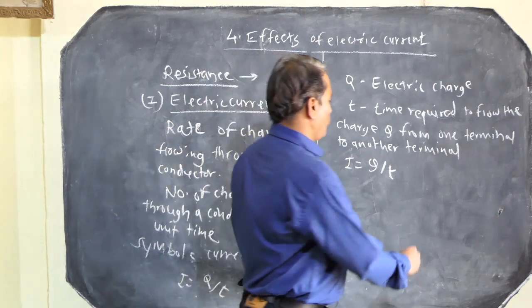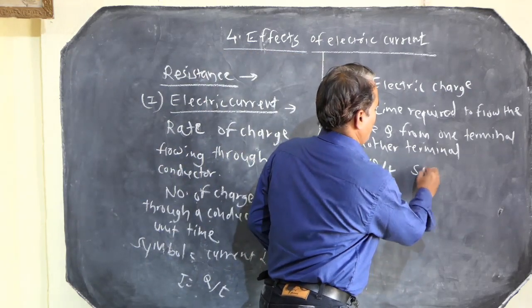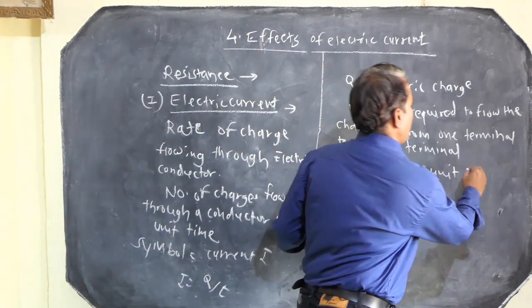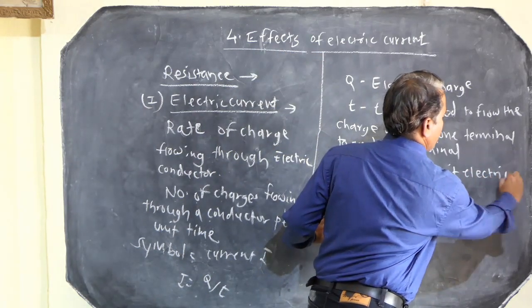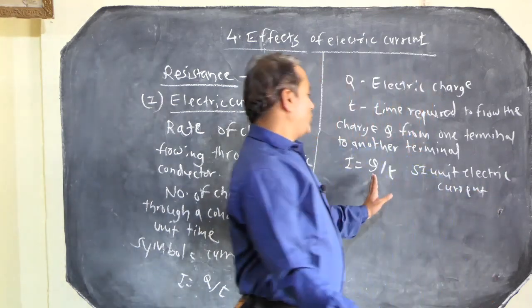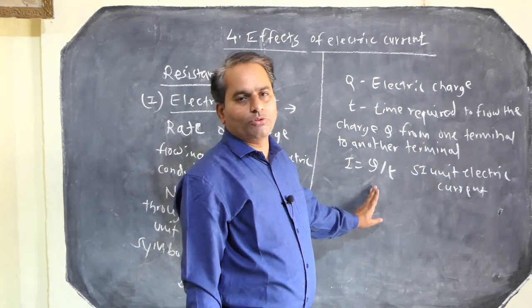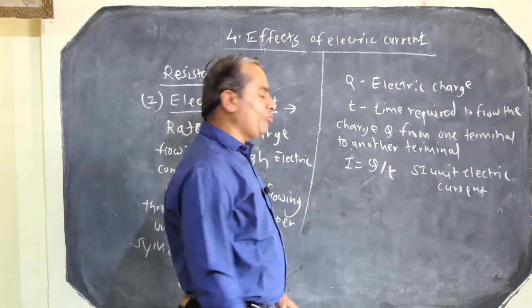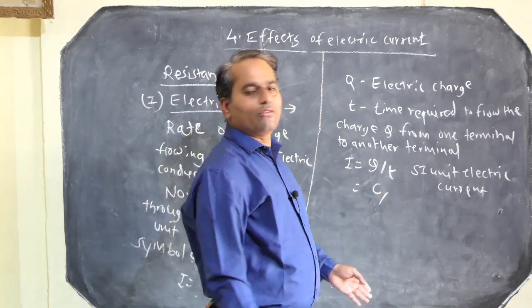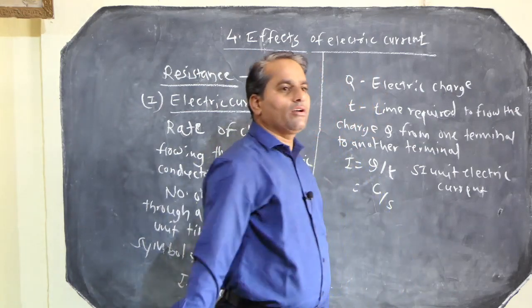Now, the SI unit of electric current. We know that the SI unit of charge is the coulomb, and time is measured in seconds.